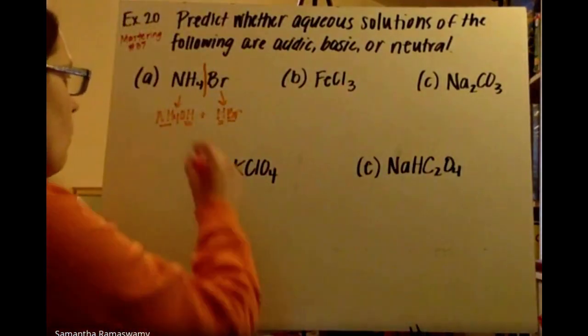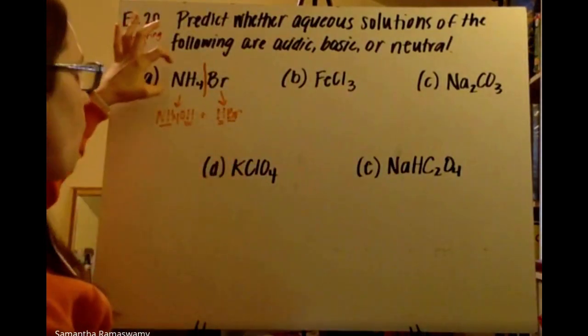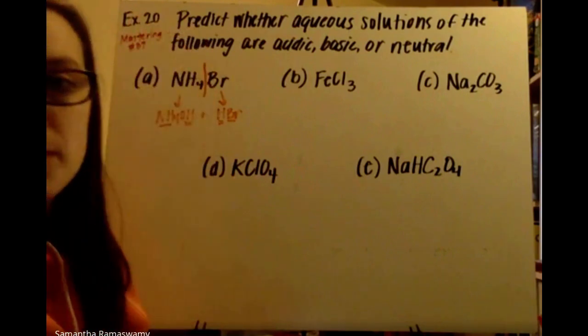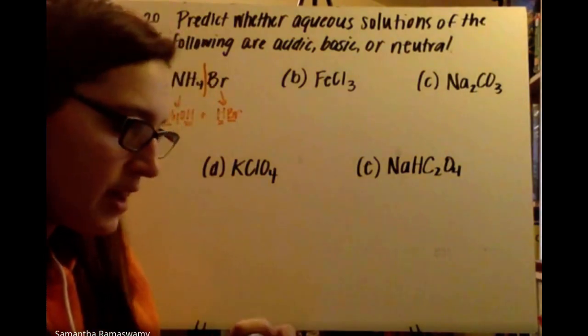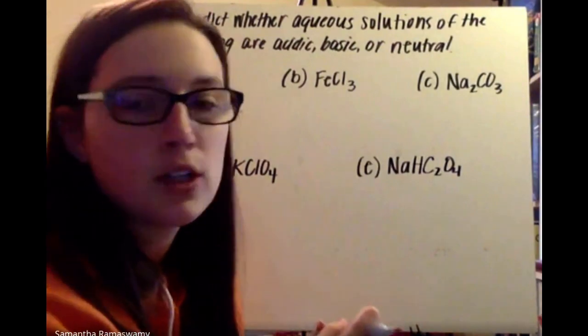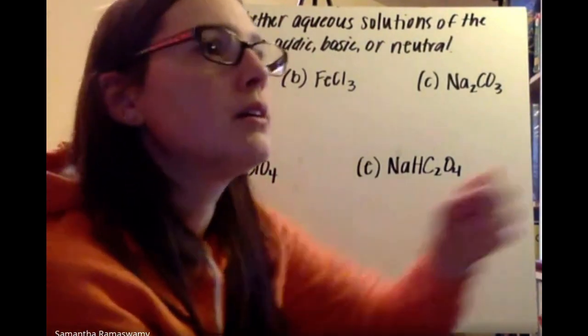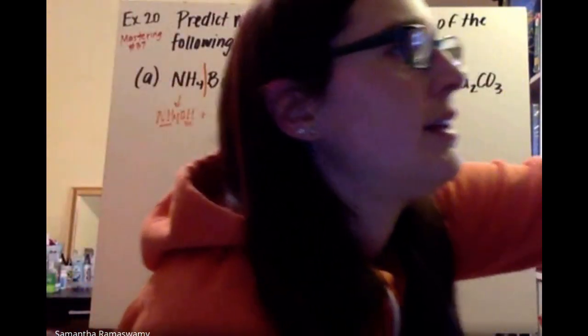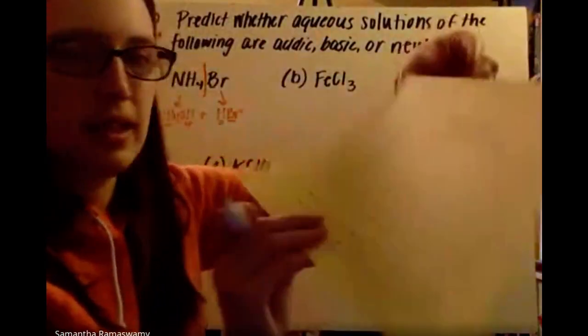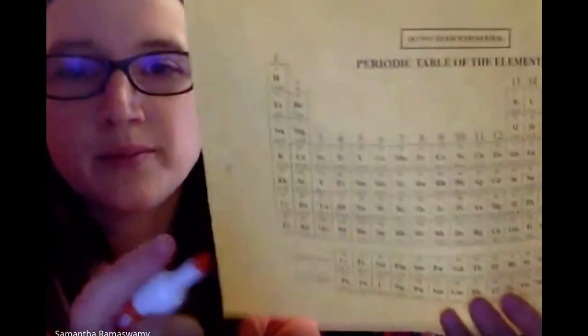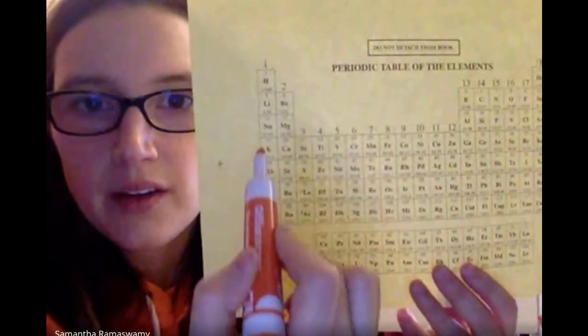So what we're doing is focusing on where each part of the salt comes from. If we think about NH4OH, look at your periodic table. Sure enough, here's your periodic table. You have the group of strong bases on the periodic table.